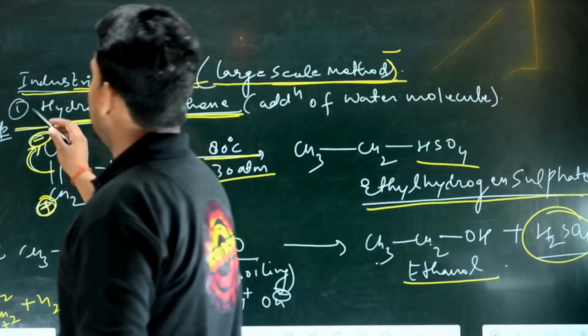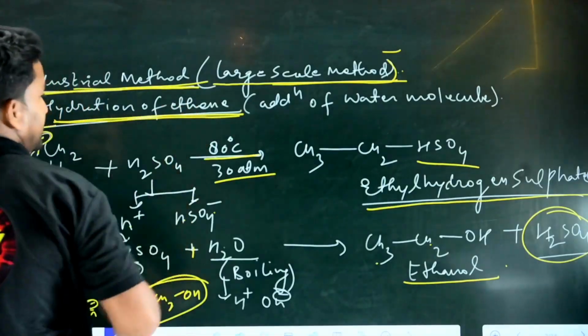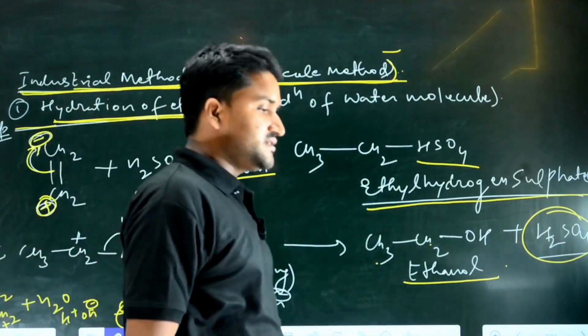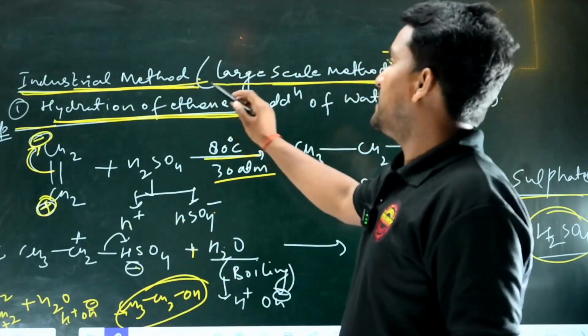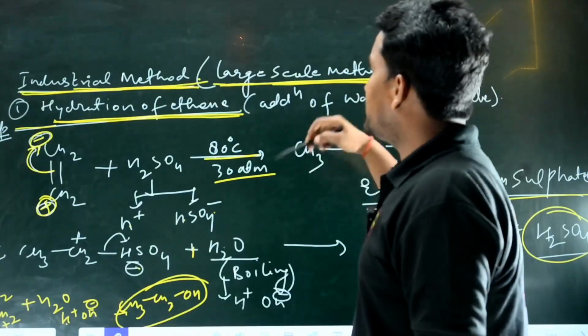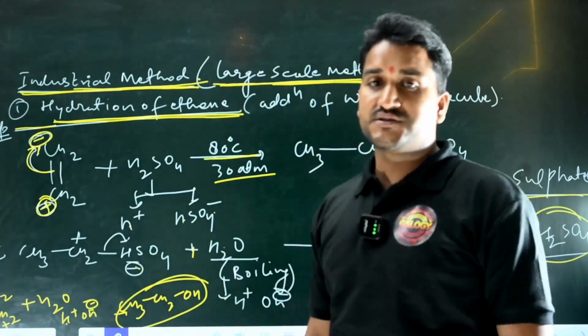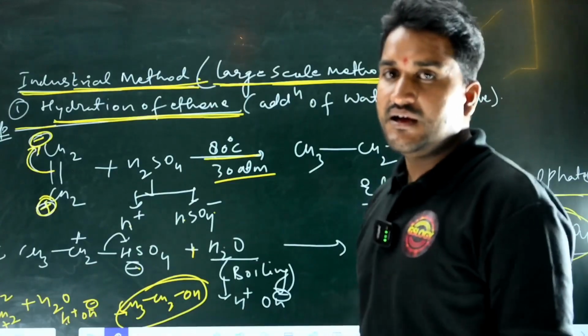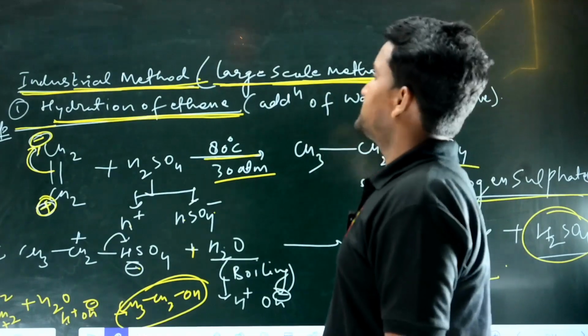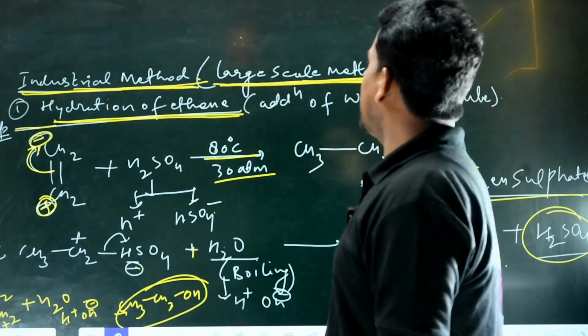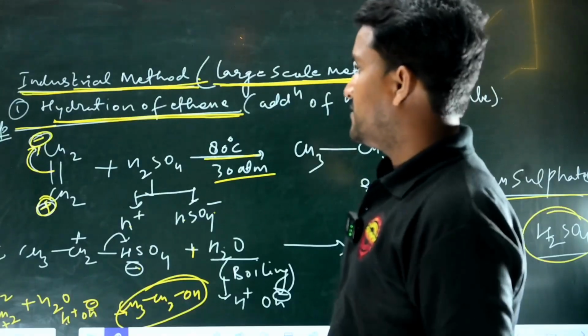Next topic is the industrial method. It means you can obtain ethyl alcohol by the industrial method, and this is a large scale method. By this process you can obtain ethyl alcohol on a large scale. That's why it is called the large scale method.